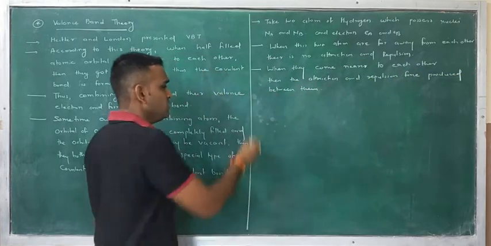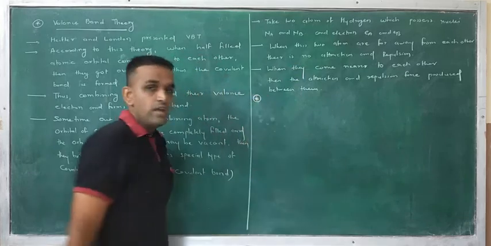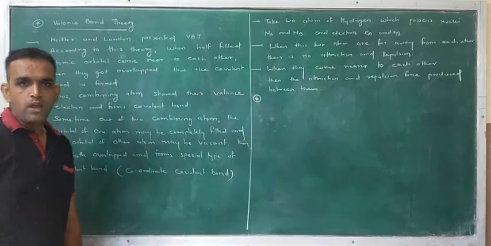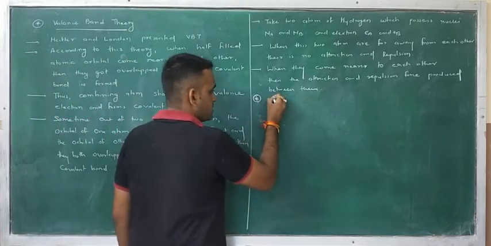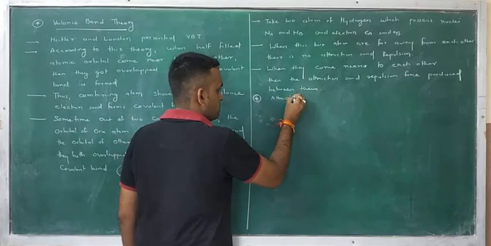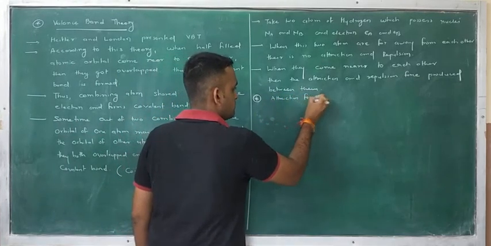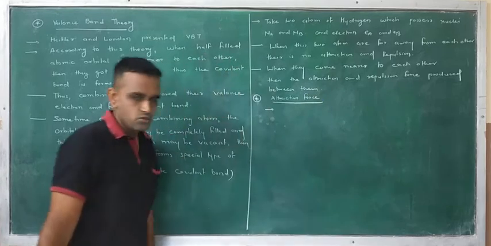Now, first of all, let us write down the attraction force, right? तो attraction force किसके बीच में आएगी? तो न्यूक्लियस और इलेक्ट्रॉन के बीच. तो let us start. First of all, attraction force. तो पहला पॉइंट, चलो.